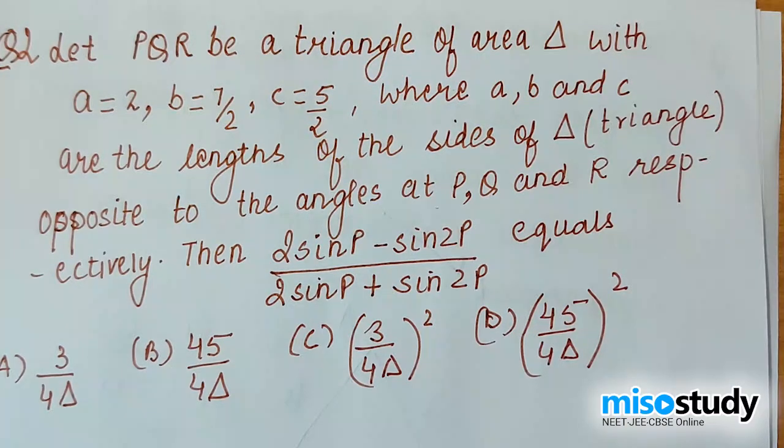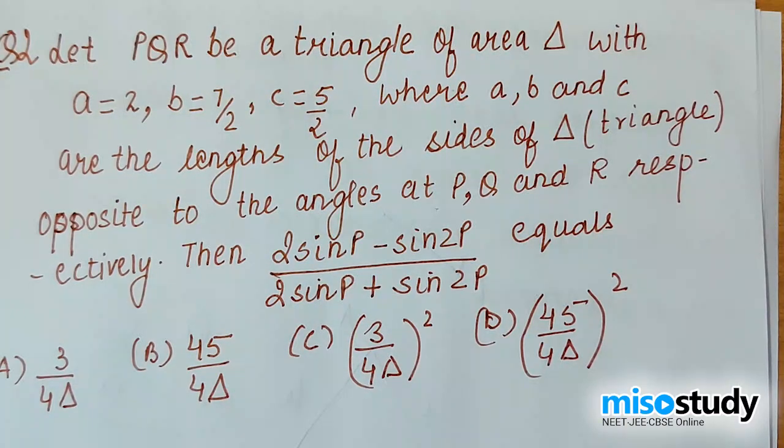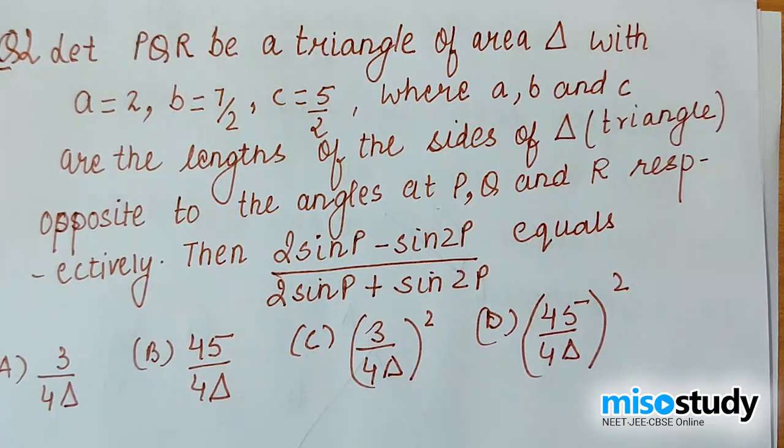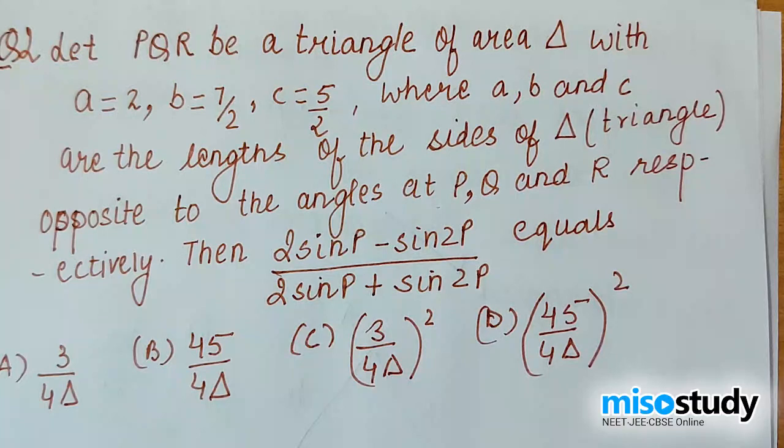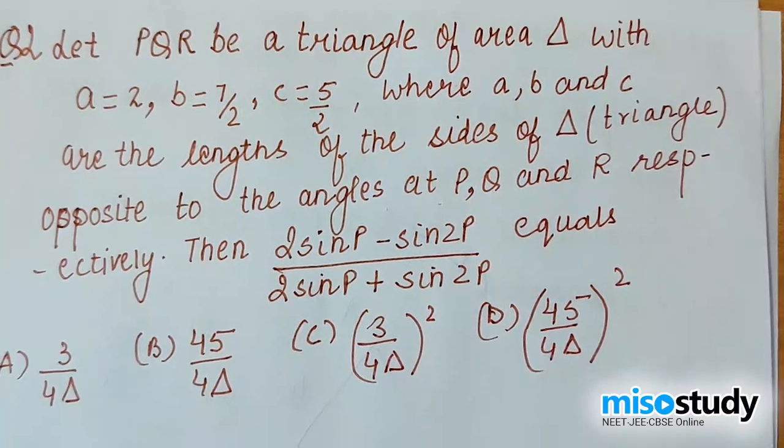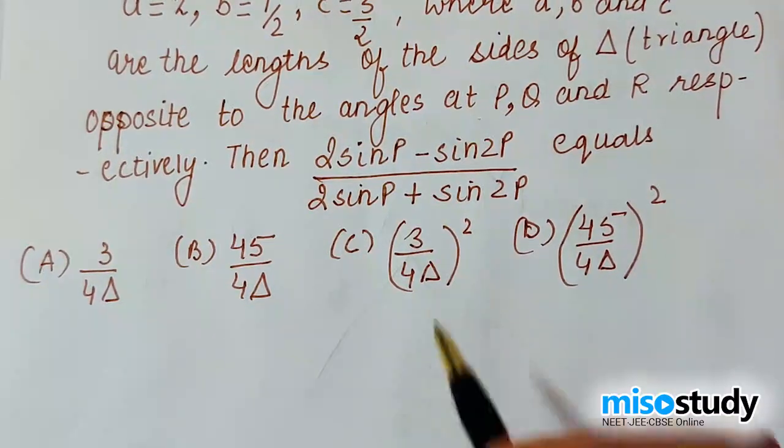Let PQR be a triangle of area delta, with a = 2, b this and c that, where a, b, c are the lengths of the sides of the triangle, opposite to the angles at P, Q and R. So let's first of all make this diagram.